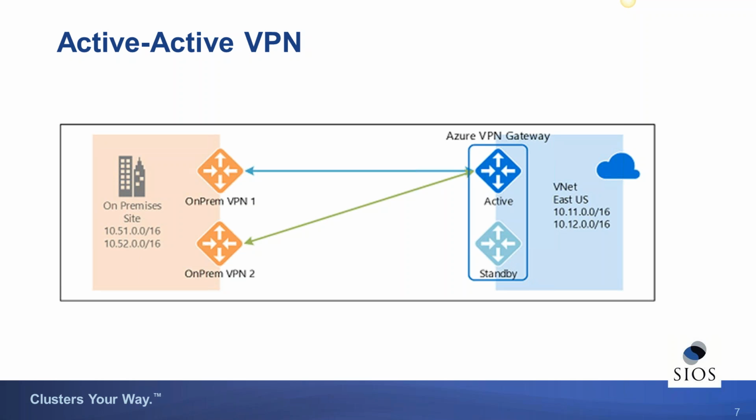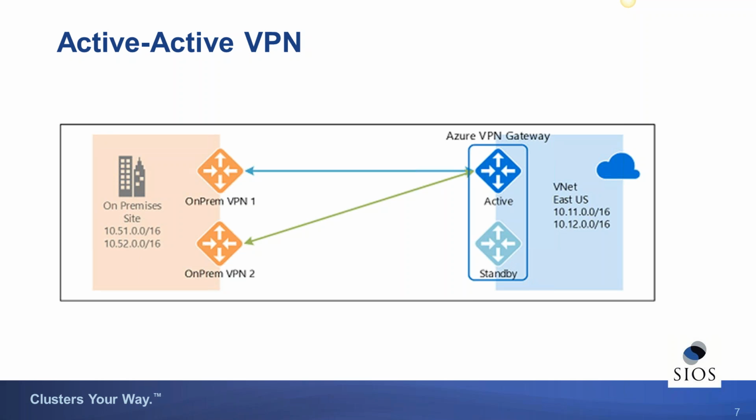One of the features they announced was Active VPN Gateway in Azure. Before the Active, what you had pictured here was an active standby. You had some redundancy should the primary VPN gateway fail, but failover to the standby would cause an outage and drop connections for sometimes up to a minute or so.